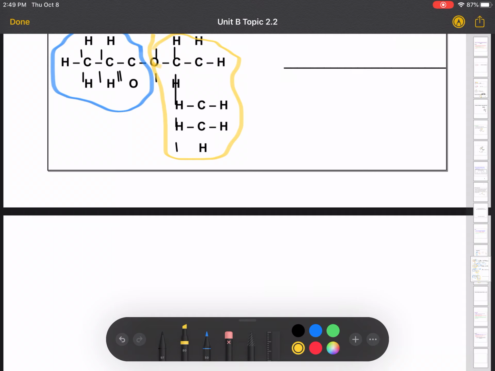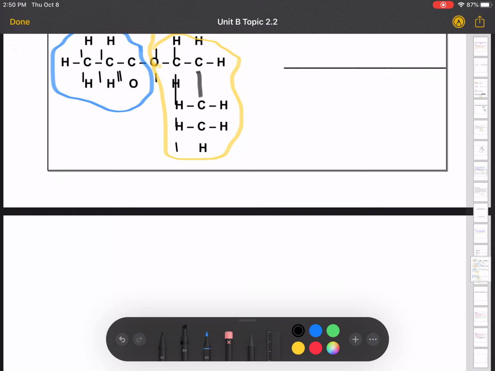Let me check, does this look any better on your page? Yes, it looks much better on your page. It's just bent. That's the bond right there.